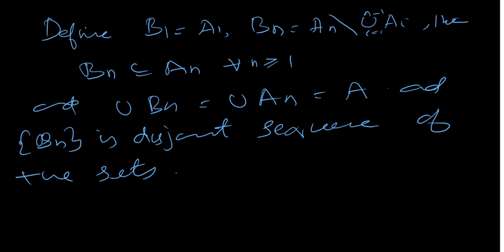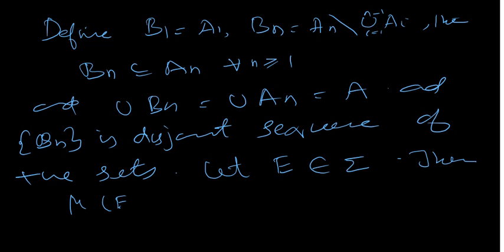So we apply the definition here. Let E, the first part of the definition, not the equivalent part, belong to sigma, be any member of sigma. Then we show that mu of E intersection A is positive. That's a requirement for the set A to be a positive set.